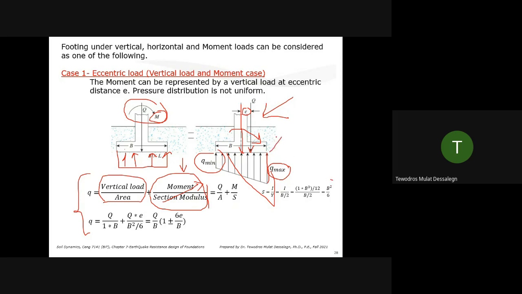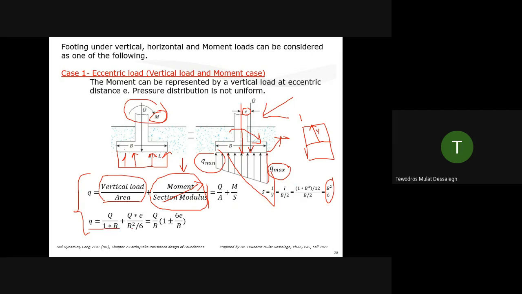Assuming a rectangular section and a 1 meter width, you can calculate S as I by Y. Y is usually the extreme fiber distance from the center to the edge, so Y is B by 2. I for a rectangular section is 1 times B cubed by 12, and dividing by B by 2, B squared by 6 is your section modulus.